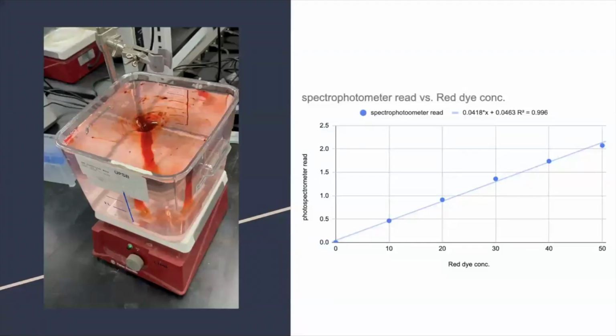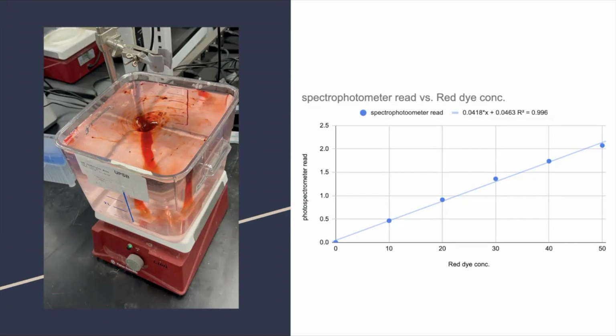First, a red dye solution was made to create a calibration curve. To do so, we put 20 milliliters of water into 5 containers, and then added the red dye dilutions of 10 milligrams per liter, 20 milligrams per liter, 30 milligrams per liter, 40 milligrams per liter, and 50 milligrams per liter.